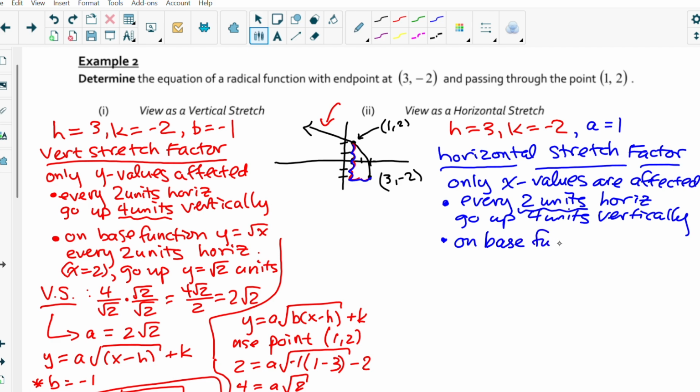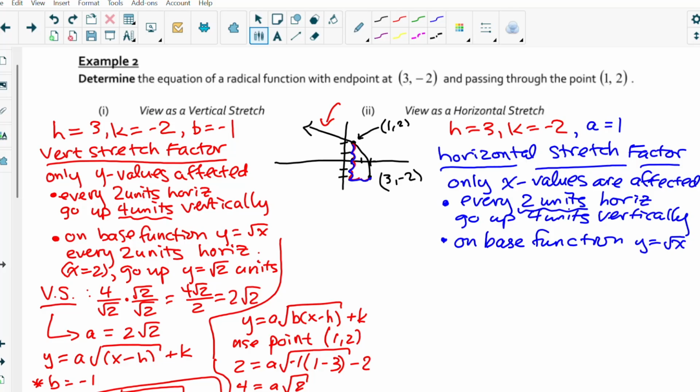On base function y equals square root of x, I'm going to keep the vertical translation, sorry, the vertical movement the same.